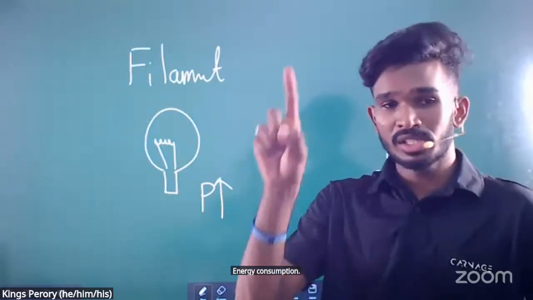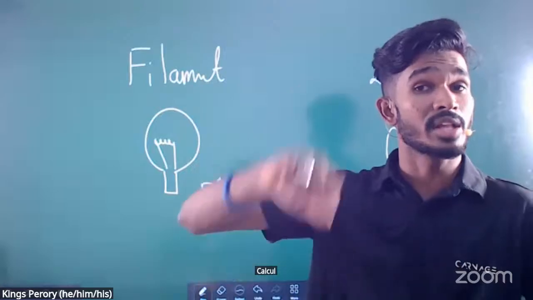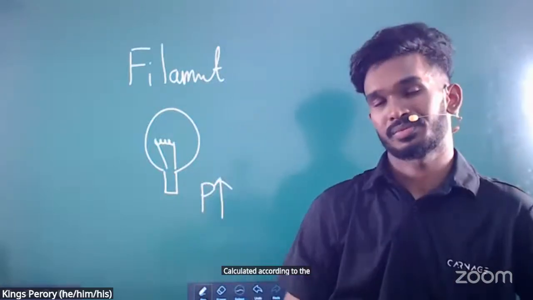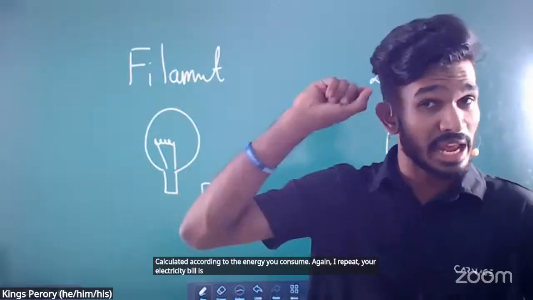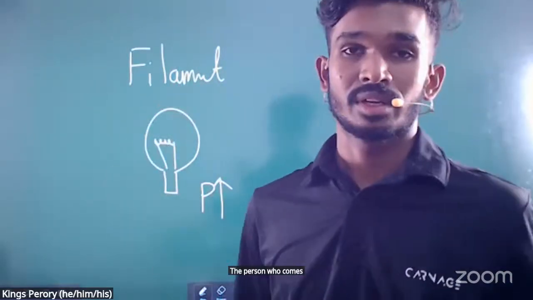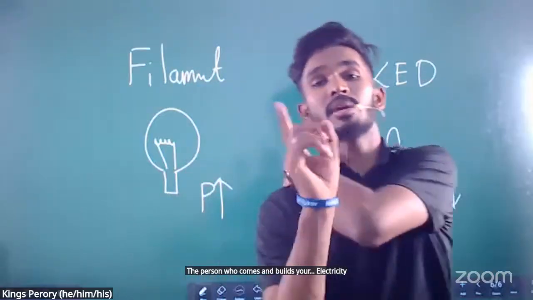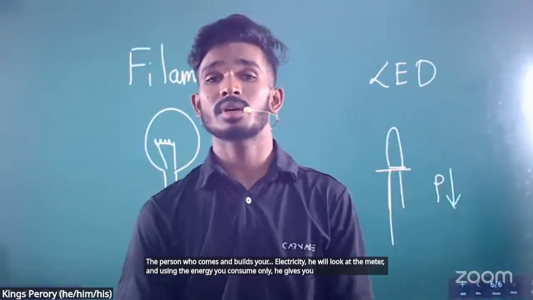Why? Because your electricity bill is calculated according to the energy you consume. The person who bills your electricity looks at the meter, and using only the energy you consume, he gives you the amount you have to pay.